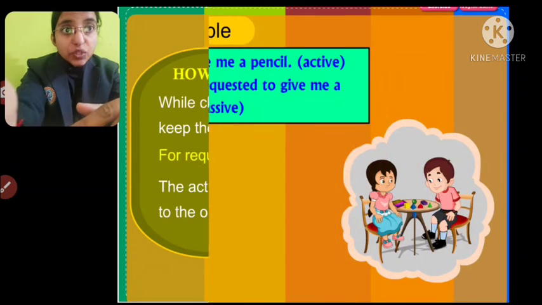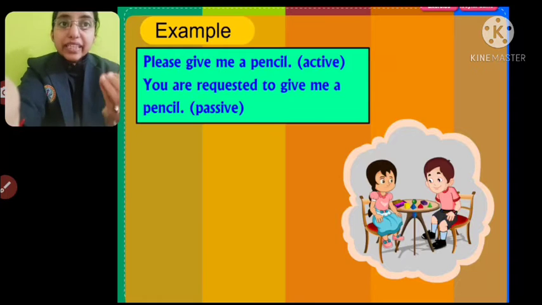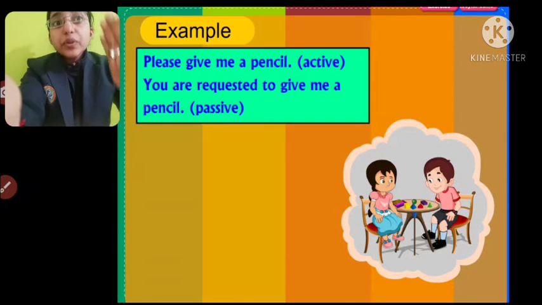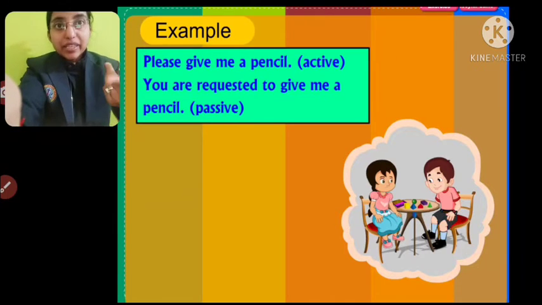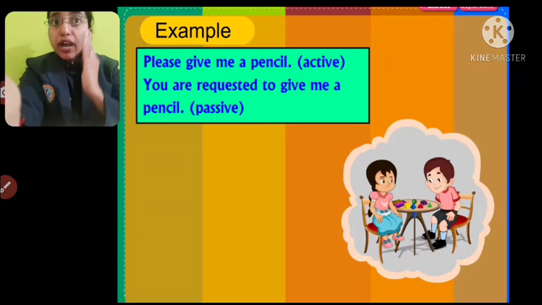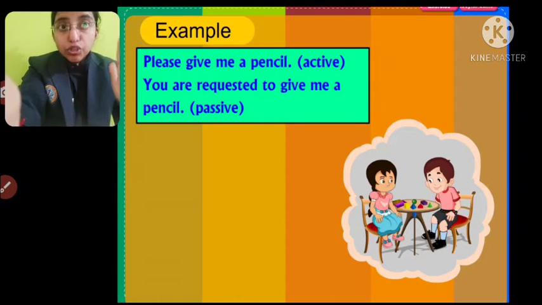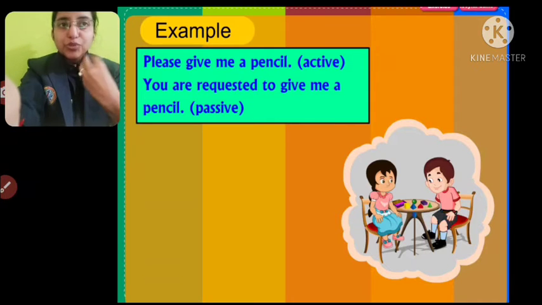Let's understand it with an example. Please give me a pencil. Okay? ये active voice है. Passive voice में हम क्या करते हैं? We say, you are requested to give me a pencil. ये बन गया passive voice. ठीक है? यहाँ पर हम ऐड करते हैं you. You are requested to give me a pencil.